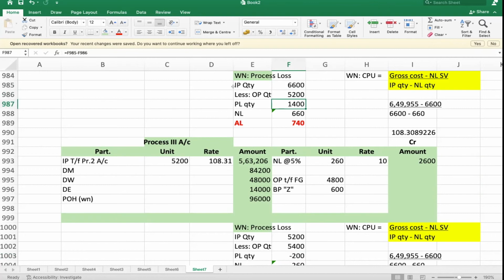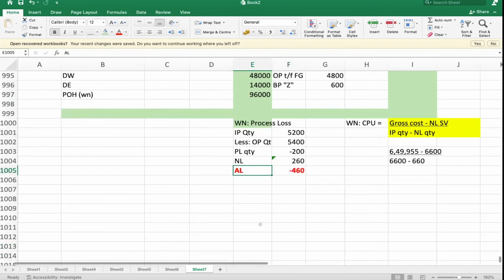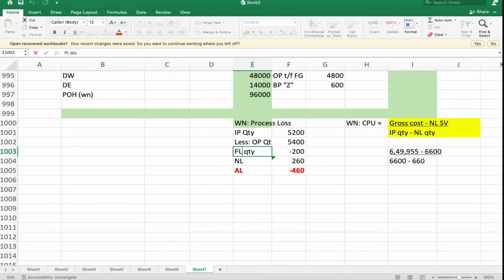But in this problem, input quantity is only 5,200, output 5,400. Therefore, the difference of 200 is not process loss. It's a process gain quantity. In this process, gain has happened. How much gain? 200. Are you with me or not?